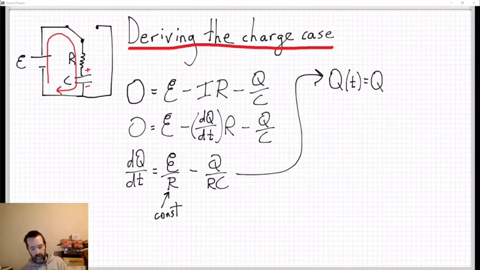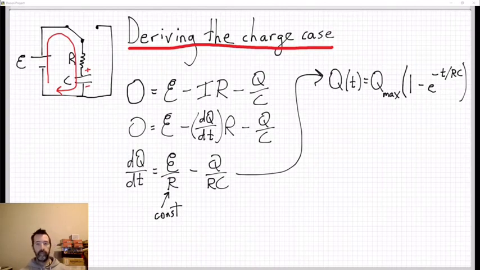So there's going to be some maximum Q value, which you can think of as almost like an amplitude or coefficient in front. And the real action goes on here in the parentheses, and it looks like that. So again, your test this year is open book, so there's no need to memorize this 1 minus e to the negative stuff form.